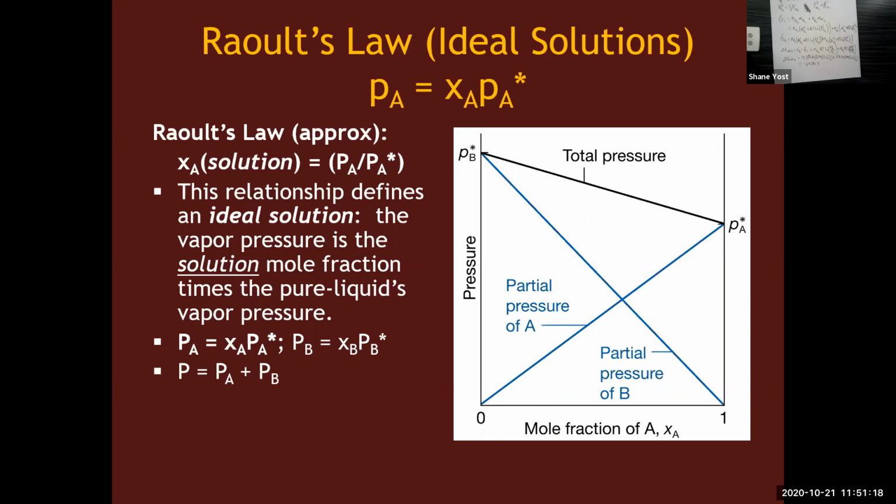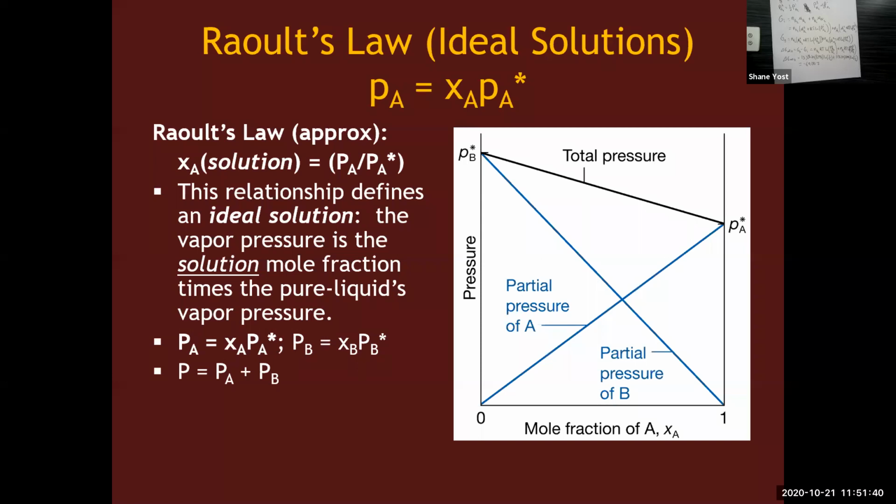So when we talk about two mixtures and phase diagrams and things like that after the exam, we'll be talking about mole fractions in the liquid phase and in the vapor phase, and we'll often use chi A or XA as the mole fraction in the liquid phase and YA as the mole fraction in the vapor phase.